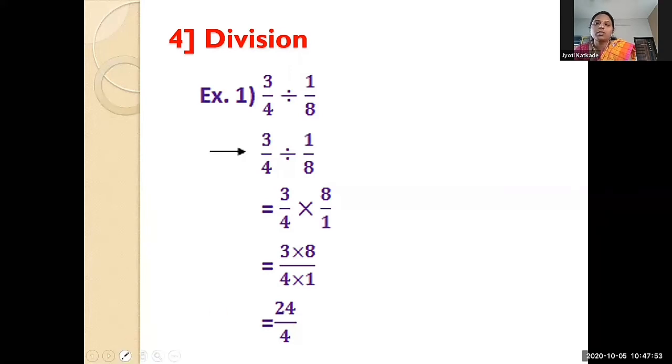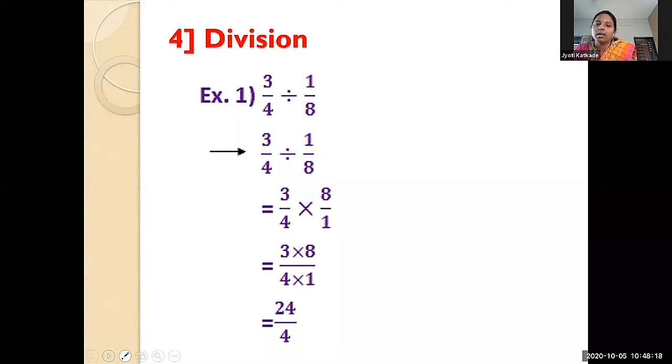The answer is 24 divided by 4. Now you can divide 24 by 4 also. Okay. Then we get 4 6s are 24. Means you can write 6 divided by 1 also. Okay. All of you understand this?